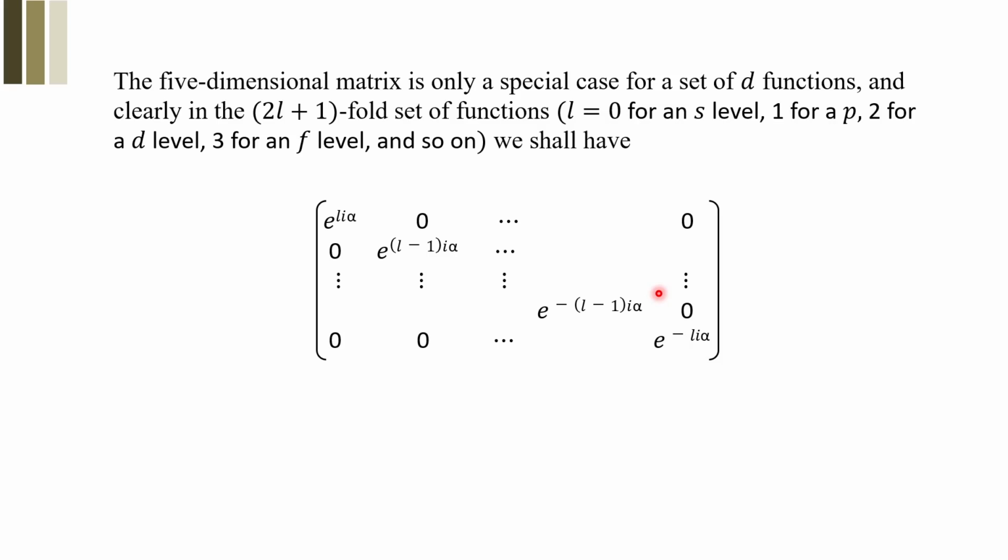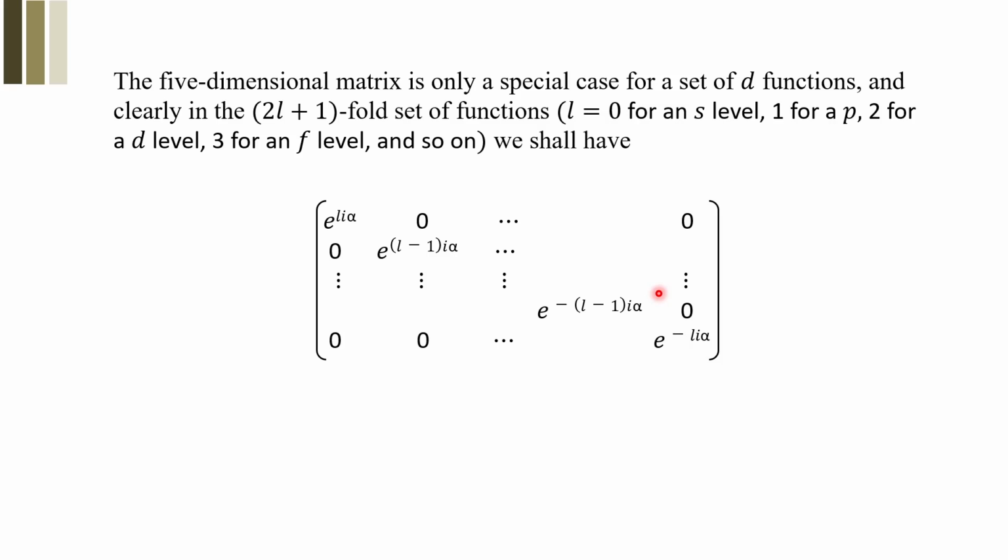For example, for L equal to 2, it would be e to the power 2i alpha, e to the power i alpha, e to the power 0, e to the power minus i alpha, and e to the power minus 2i alpha.